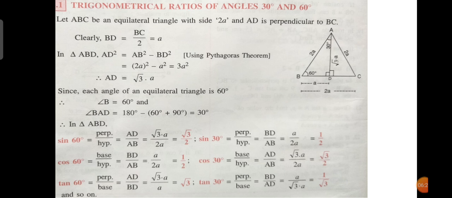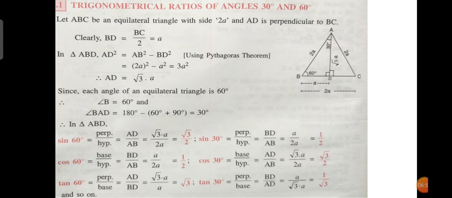It will be 30 degree. One angle is 90 because it is a right angle, another angle is 60 because triangle ABC is equilateral. So angle B is 60 degree and angle BAD is 30 degree.